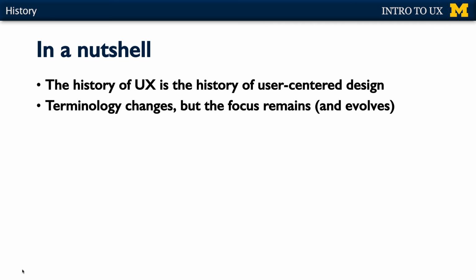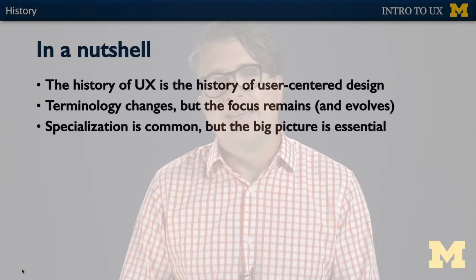The terminology changes, but the focus remains on the user. And it also evolves to incorporate new things as we move along, incorporating physical design and marketing and big data analysis and all kinds of other things that have been brought into the UX fold.